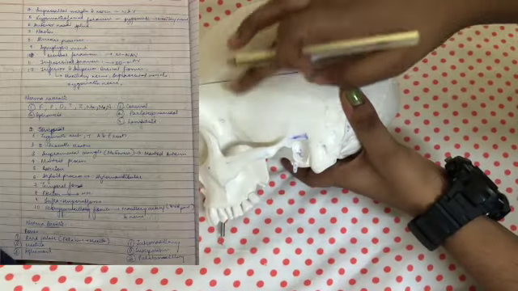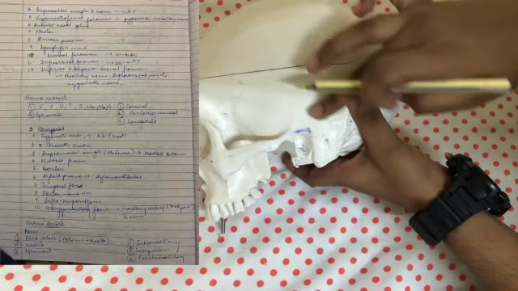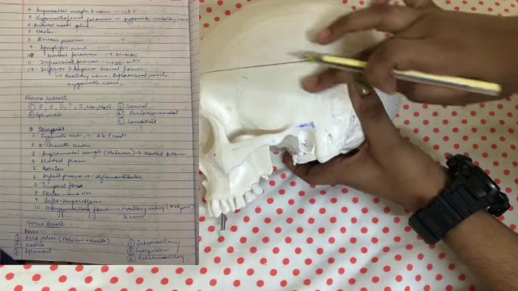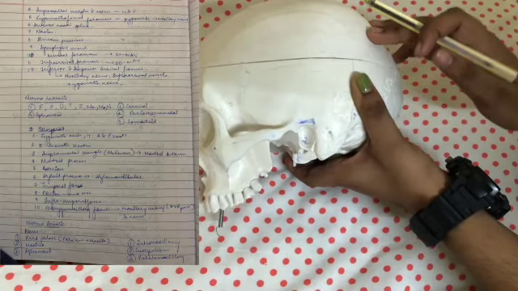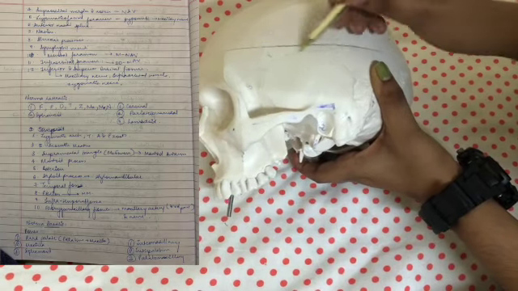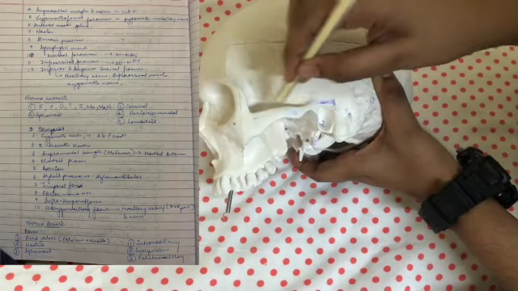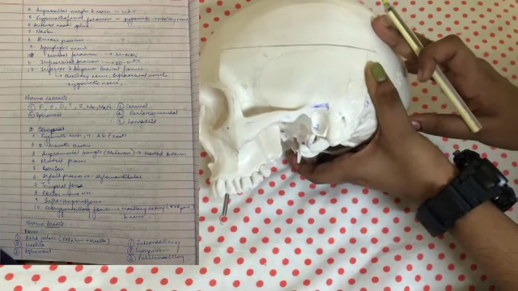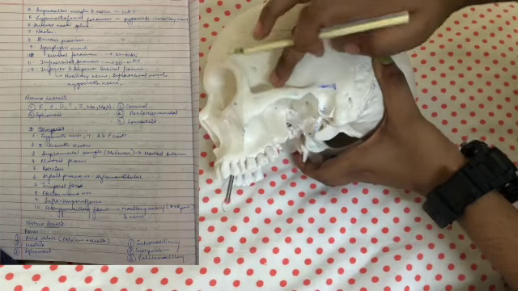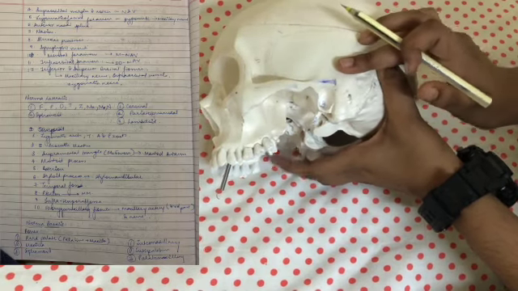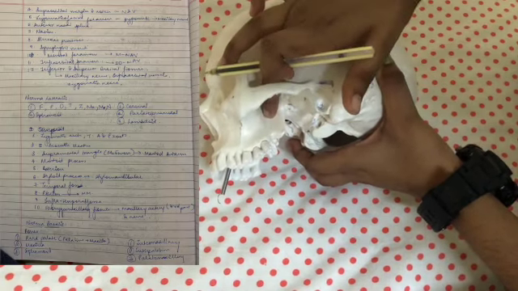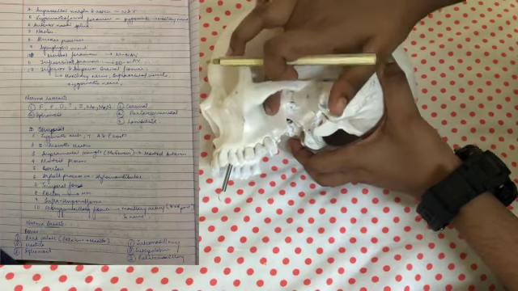So this is the temporal bone, and the part covering the temporal bone is the temporal fossa. It is bound by the temporal line above and below by the zygomatic arch. So this temporal fossa is where the temporalis muscle takes origin from, and it's connected below through the zygomatic arch to the infratemporal fossa.